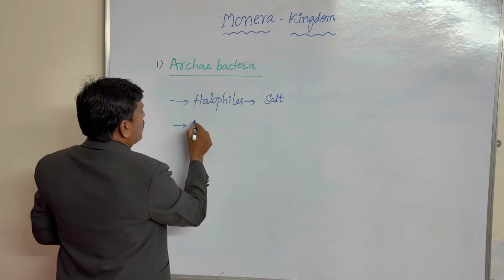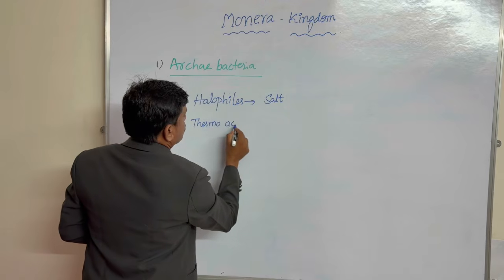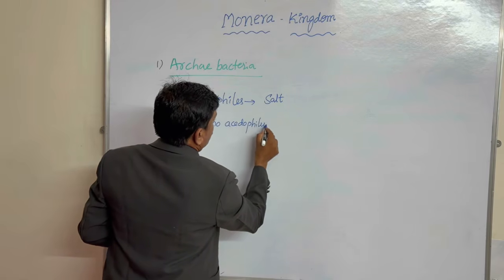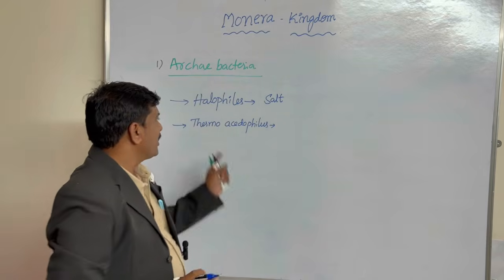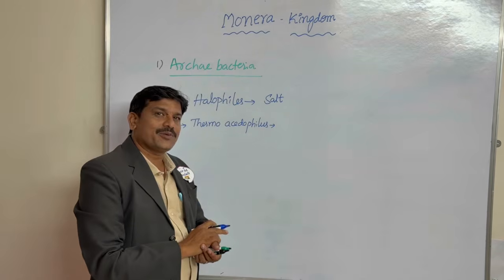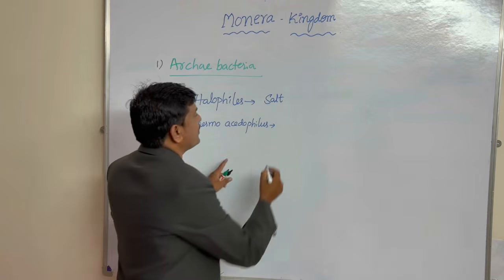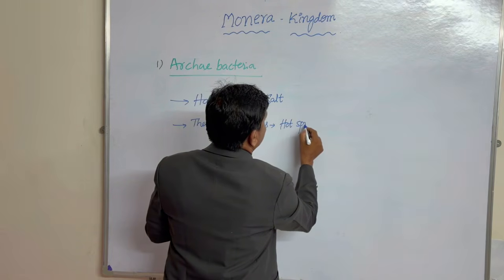Some of them are thermoacidophiles. This is identification one, two I will tell you. Thermoplasma, we use it regularly, in hot springs places. It is present in hot spring places.